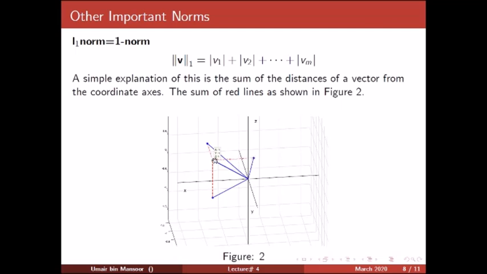This value plus this value, the distance of the vector in the y direction, and this value, the distance of the vector in the z direction. So we are adding all these three values to get the L1 norm of a vector.